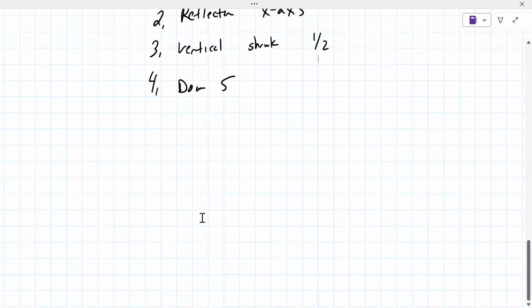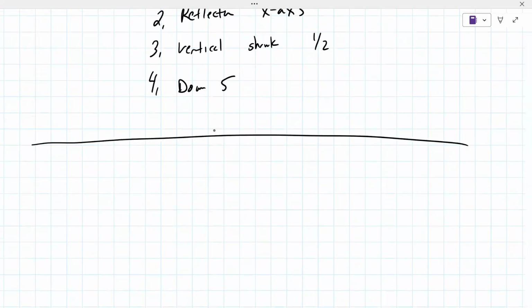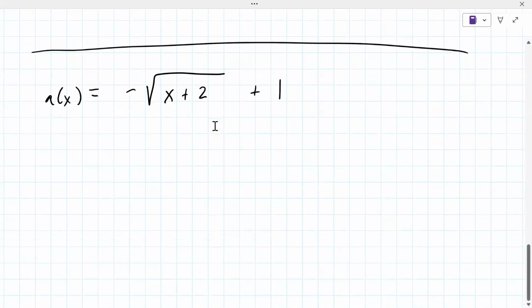Okay. The other type of problem you will see is, I guess I gotta use another letter. Let's say you get a of x equals minus square root of (x plus 2) plus 1. This has three transformations. Can you give me any of those again?